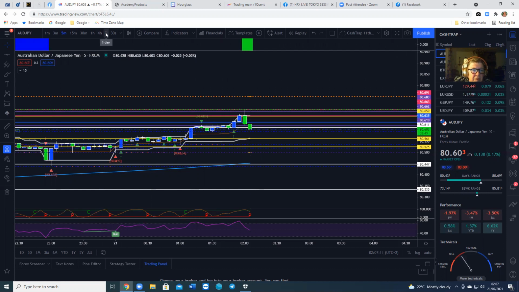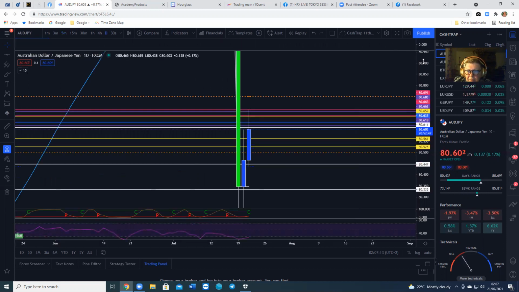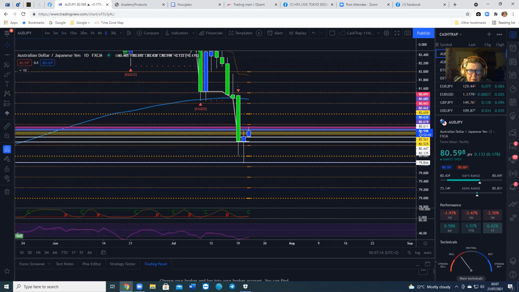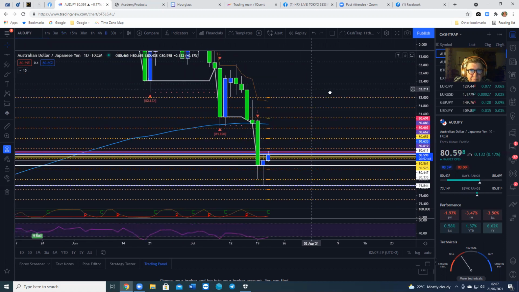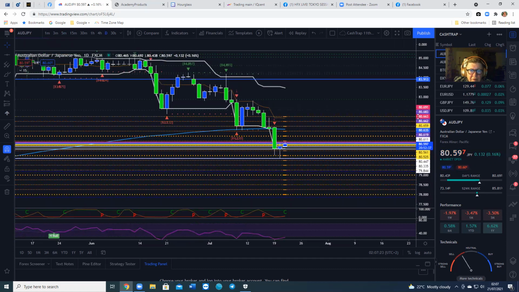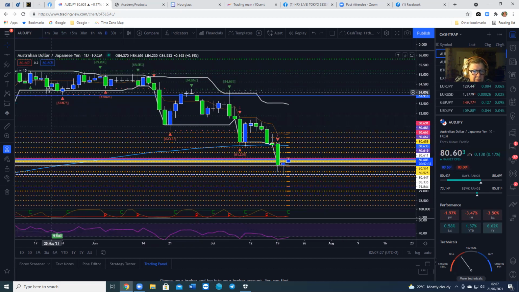If you come out to the daily, where I started marking up, you can see it's been in a very strong downward trend against the US dollar for quite some time.